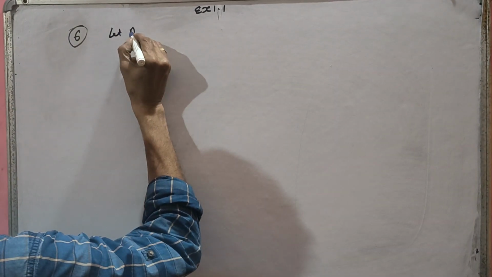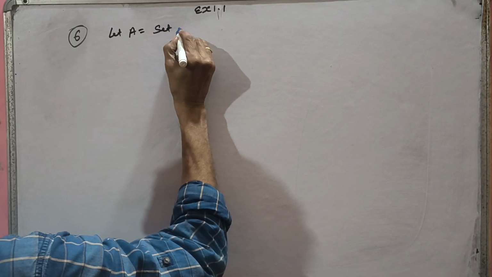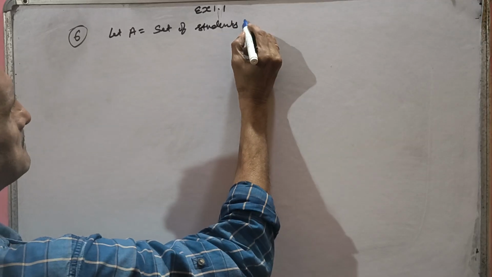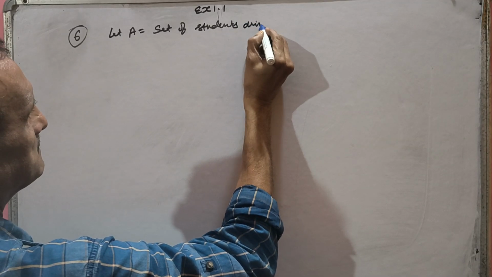So let A equal the set of students drinking milk, and B equal the set of students drinking tea.